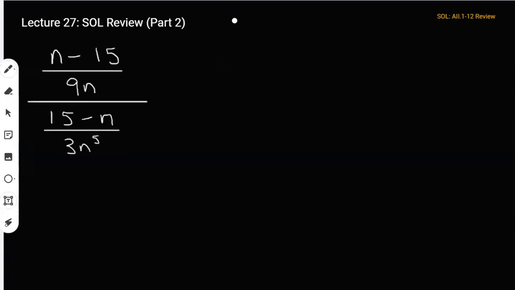So this is what's called a complex fraction. And we call it a complex fraction because we have a fraction on top of a fraction. In other words, the numerator is a fraction, but the denominator is also a fraction.